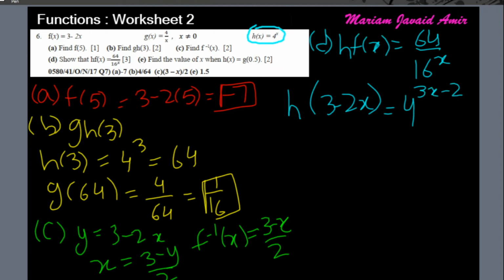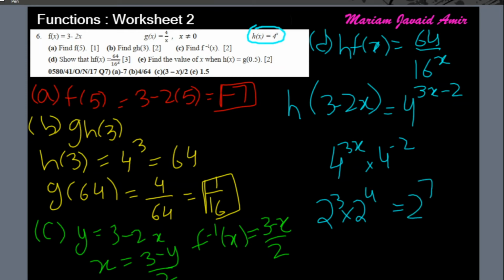Now we need to simplify this. This would become 4 power 3 times 4 power -2, because we know when the bases are the same the powers get added. So if I have 2 cubed times 2 to the 4, this should become 2 to the 7.